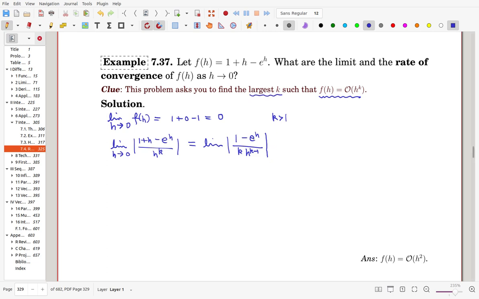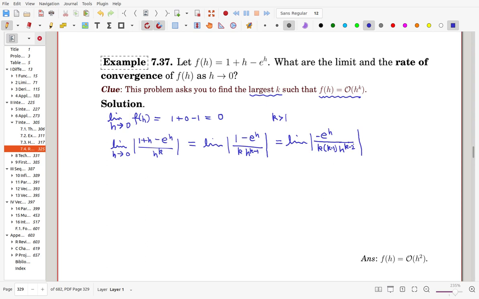Then the bottom and top approach 0, so by using L'Hopital's rule again, we get e to the h, in fact minus e to the h, but you don't have to put the minus because we are checking only the modulus. That one is the same as k times k minus 1 times h to the k minus 2, right?